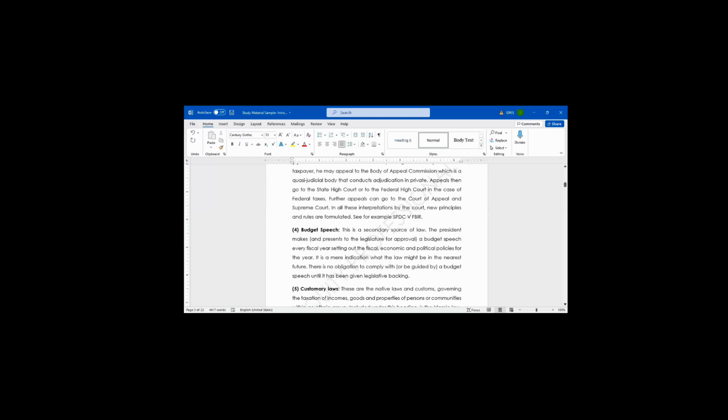Such a speech can be used as a point of reference in tax. Through budget speech, the government or president can say they are planning to introduce some new type of tax.